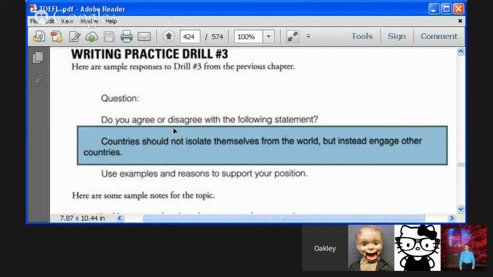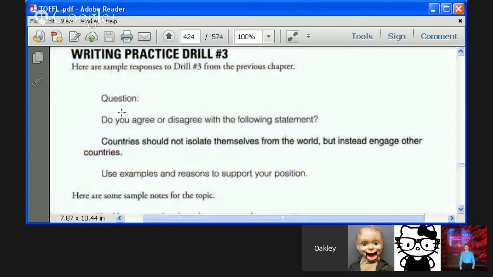No way do you want to do that. Take a position, either agree or disagree. In TOEFL, you will not gain any points by taking a middle ground approach. It will not help you, and it's just a heck of a lot easier to take one position or the other. It is pointless to use a comparative style essay.